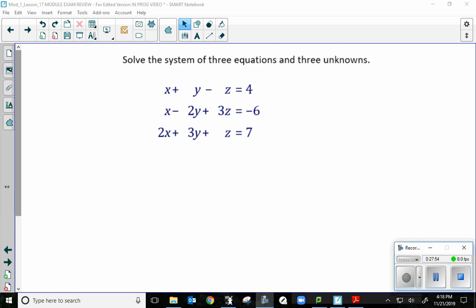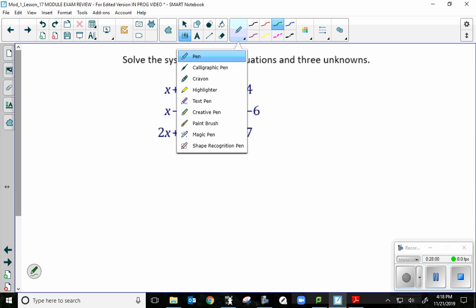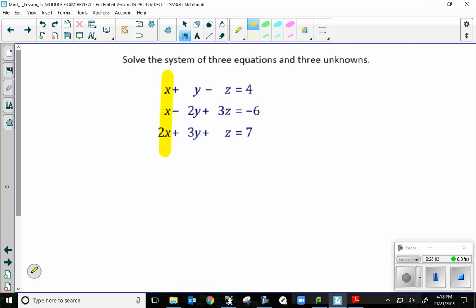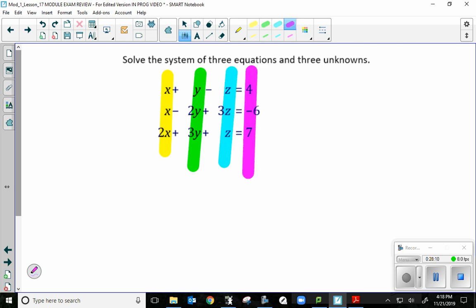The first thing I need to do is make sure that in all my equations, I have an x, a y, and a z, and that they're all lined up. When I say all lined up, all my x's are right here, all my y's are right here, all my z's are right here, and they equal some number. If they are not like that, I'm going to have to change that.